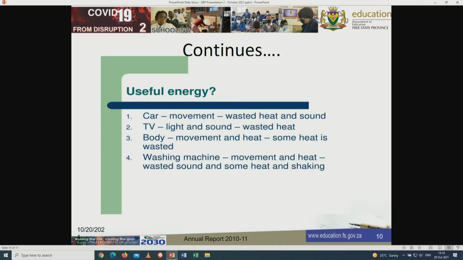The food that we are eating every day. As I said, energy is the ability to do work. We are able to move, and our body gets heat. But some heat is going to be wasted from our body, released to the environment.